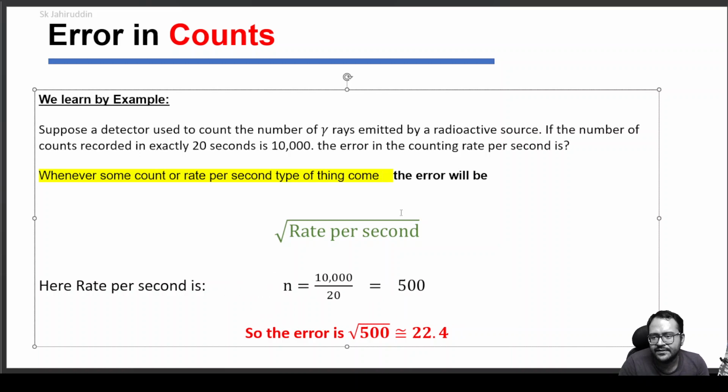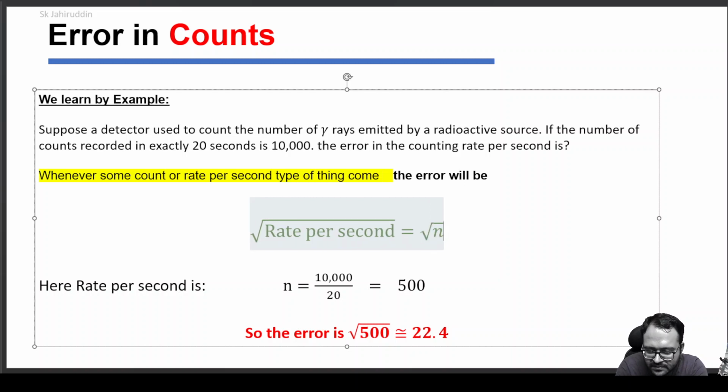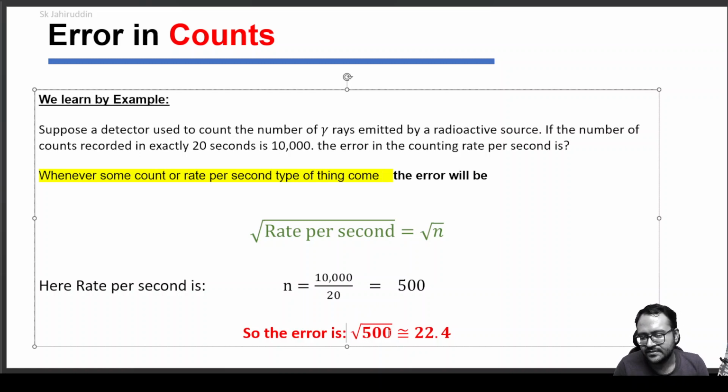The error will be square root of n. Your n is 500, so the error is square root of 500. So this error is the square root of 500, you get 22.4, approximately 22.